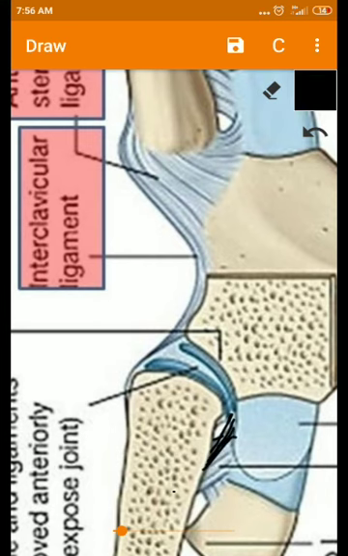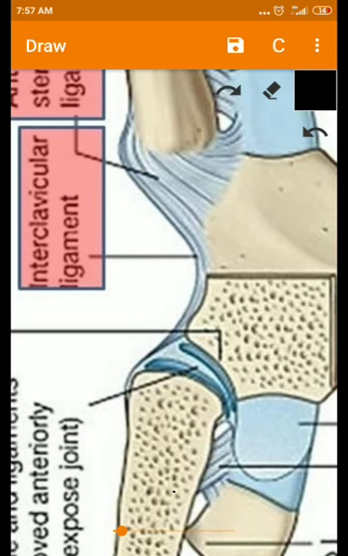And the posterior fibers, you can see, are running upwards and medially.